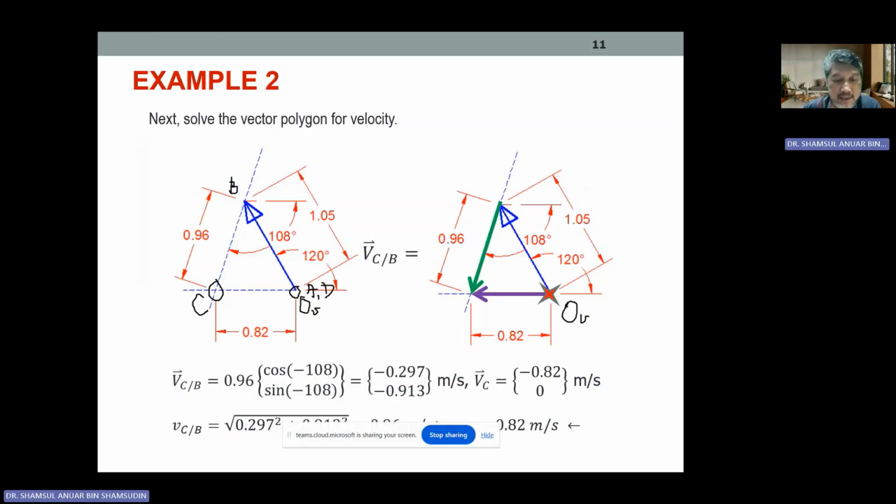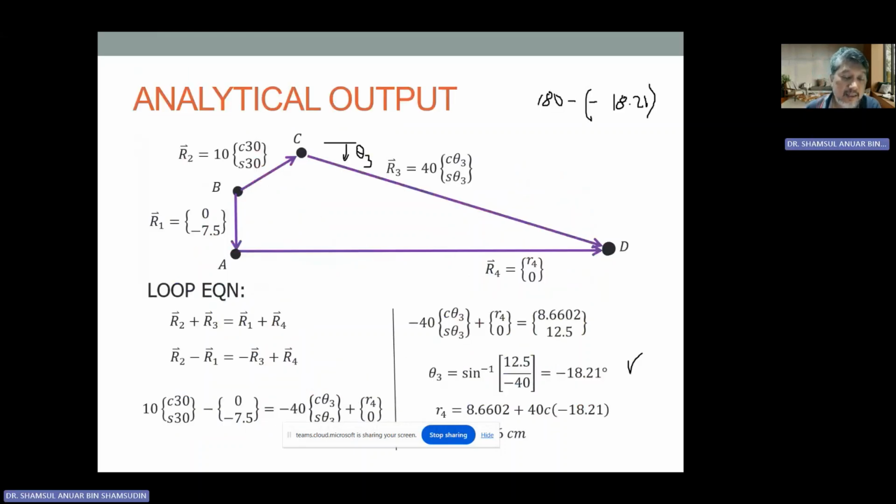So this is trying to solve this thing analytically using the vector method. First of all, you need to come up with the loop equation. So we have R2 here plus R3 equals R1 plus R4.